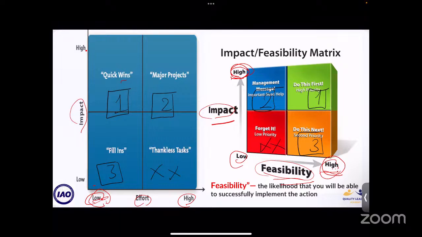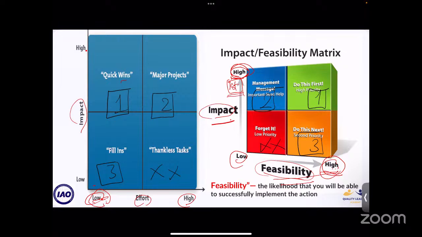How do you order solutions in the priority matrix? First priority is the high impact and high feasibility. These are your top solutions, your first priority.